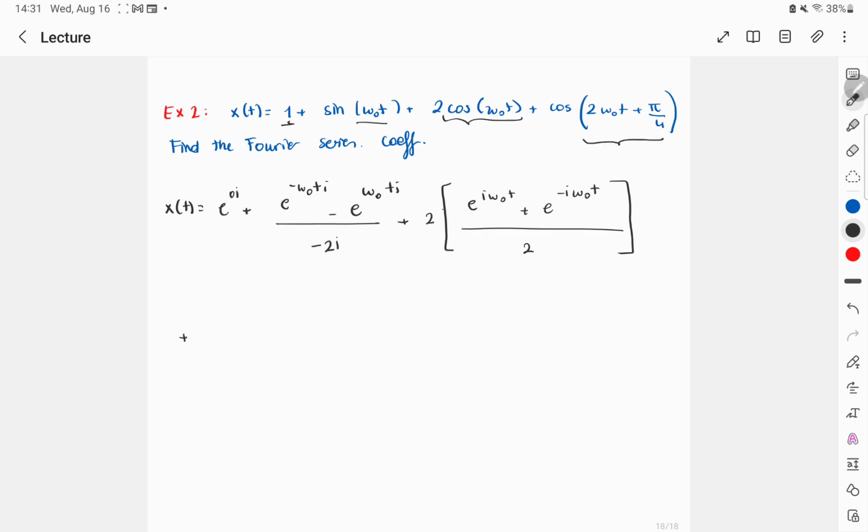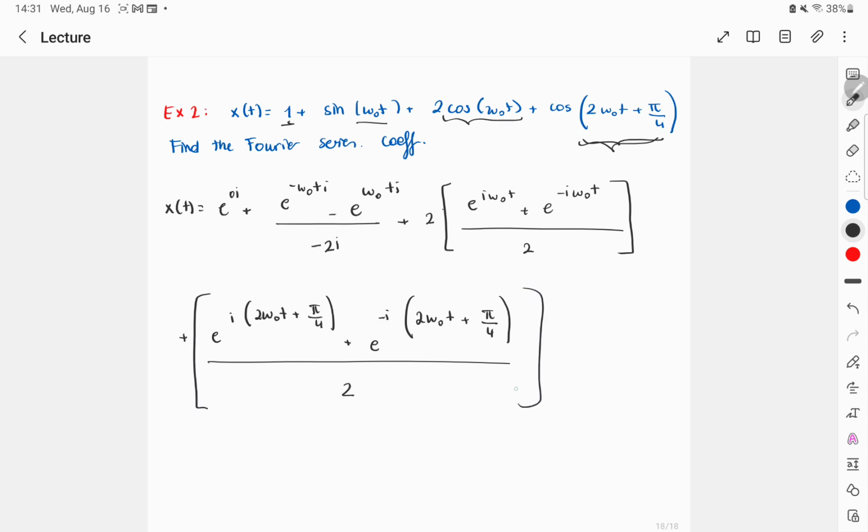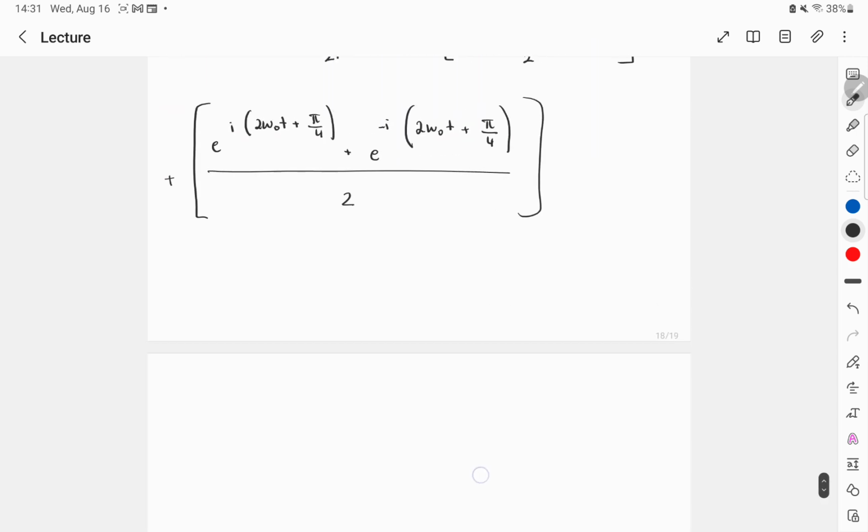Omega 0 in this case is the whole expression over here, this one, plus pi over 4, plus the negative of this expression, as I will write it over here, 2 omega 0 t plus pi over 4, plus e to the power of minus i 2 omega t pi over 4 over 2. Okay, and here we are. We actually wrote it in the Fourier series.